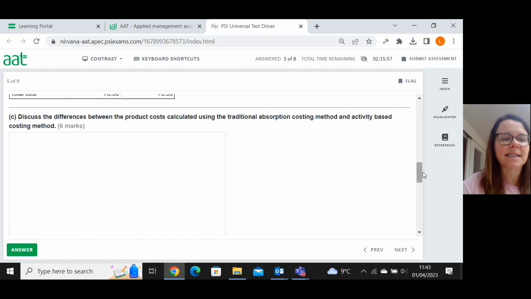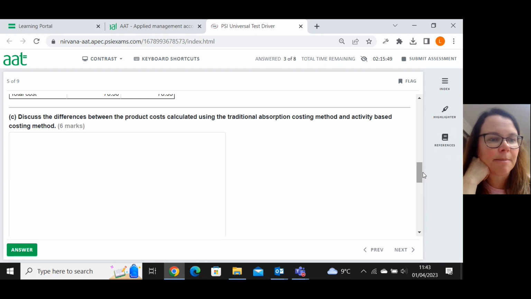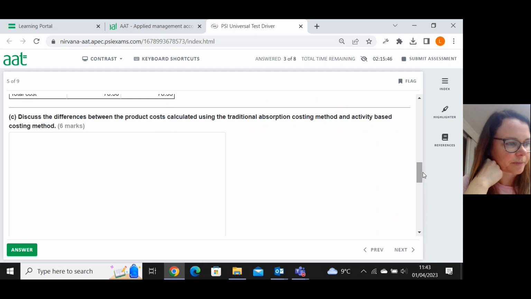So part C, discuss the differences between the product cost calculated using traditional absorption costing and the activity-based costing. Right, so this is how I would approach this.